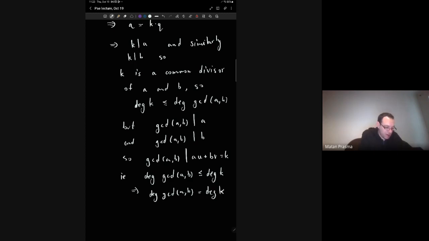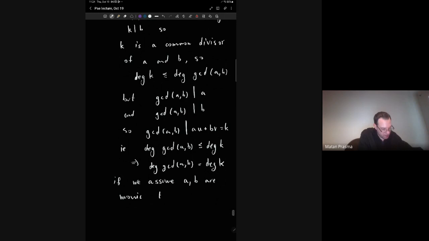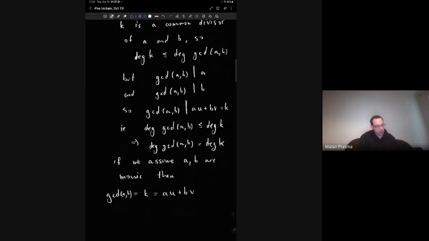And so if we assume A and B monic, then by uniqueness of the GCD, we get that K is equal to, on one hand, AU plus BV, and on the other hand, to the GCD of A and B. And otherwise, this will be true up to a constant.